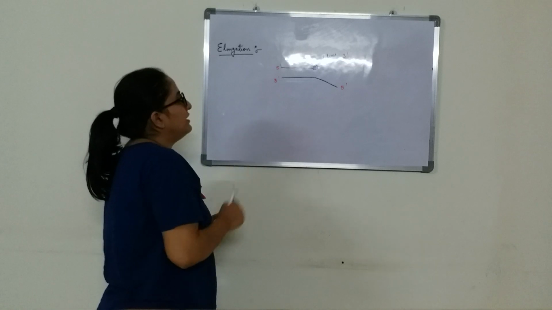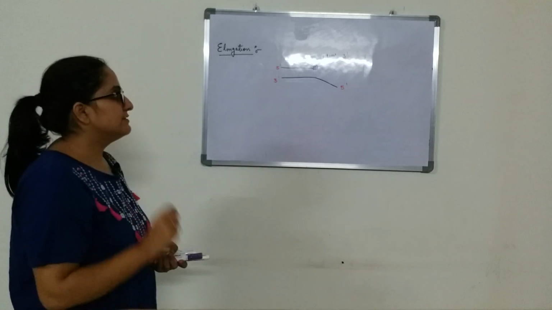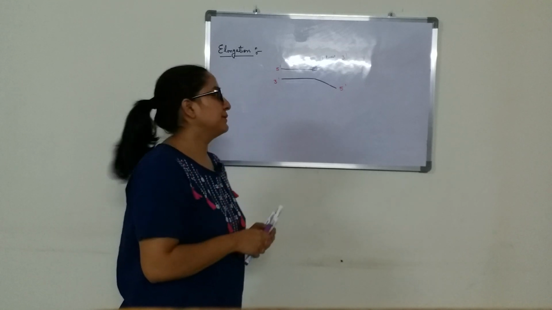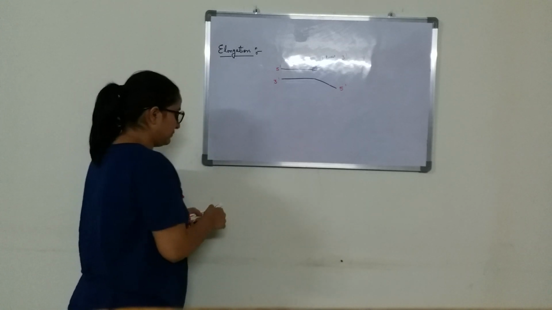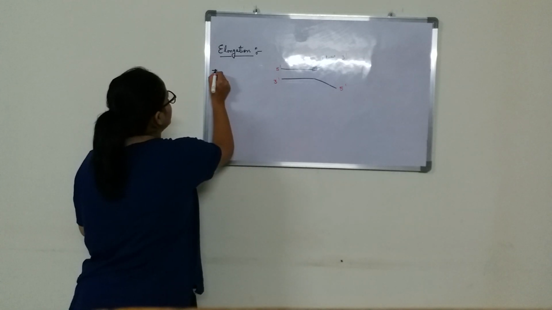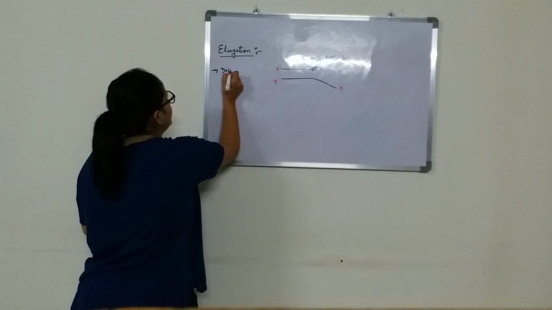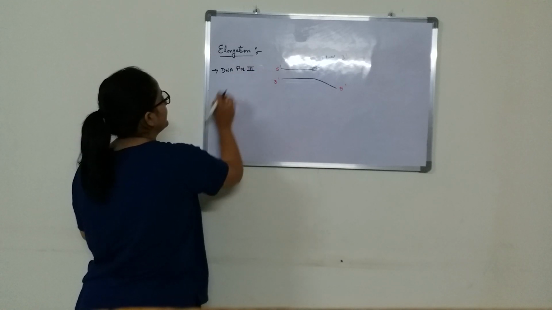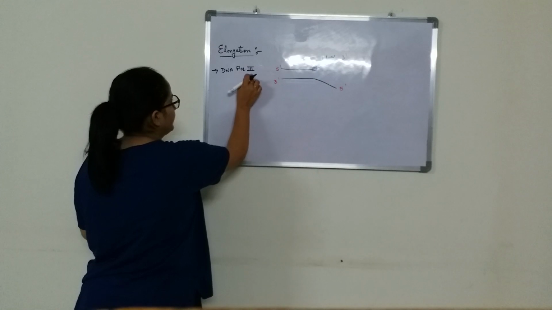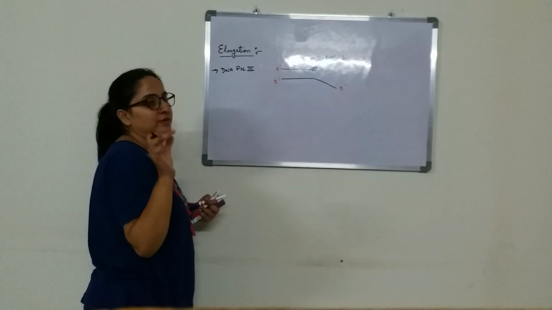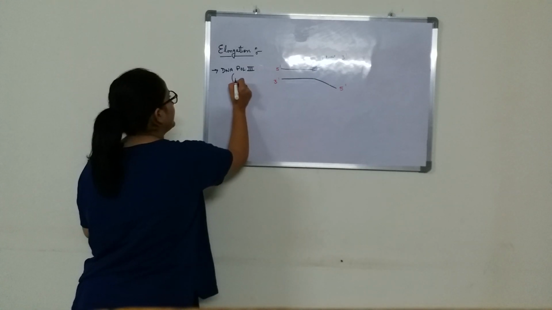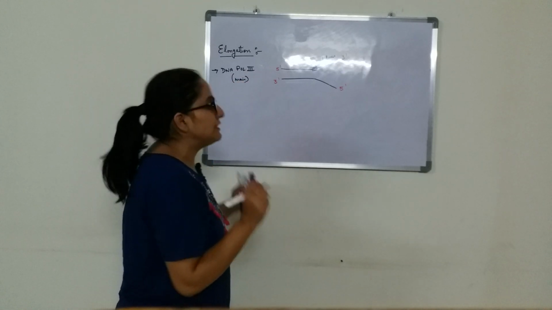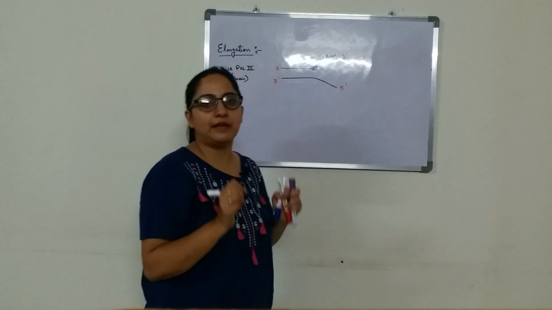So what happens, there is another enzyme called DNA polymerase 3, DNA pol 3. It is the main enzyme that takes part in the elongation of DNA replication.